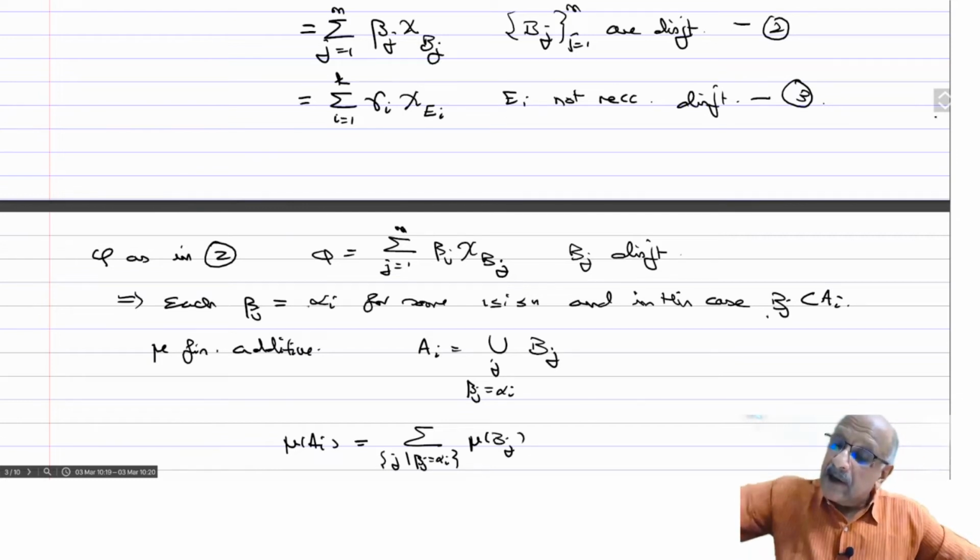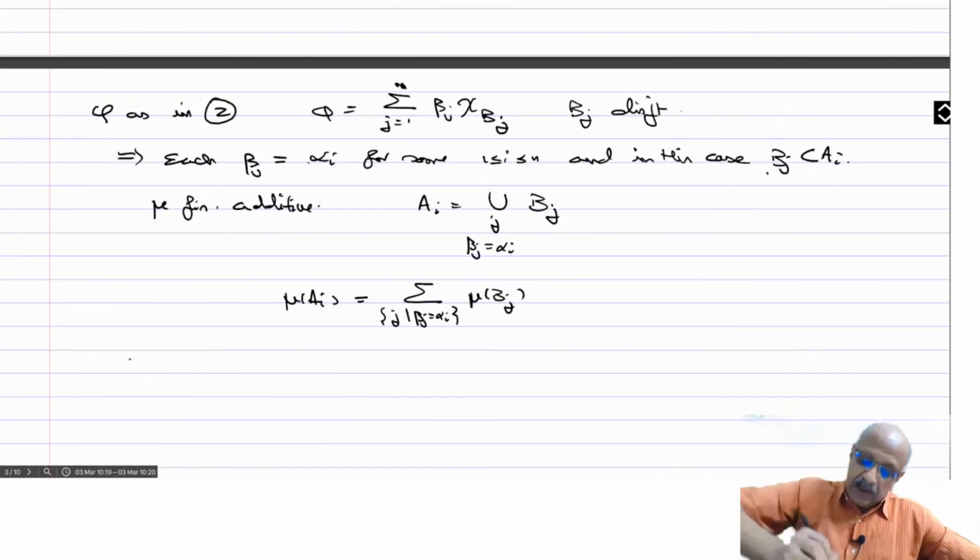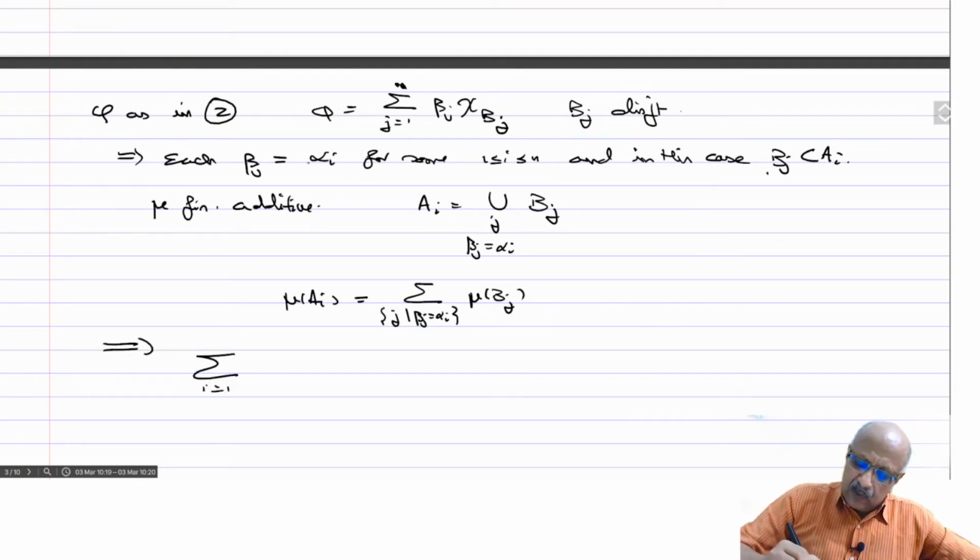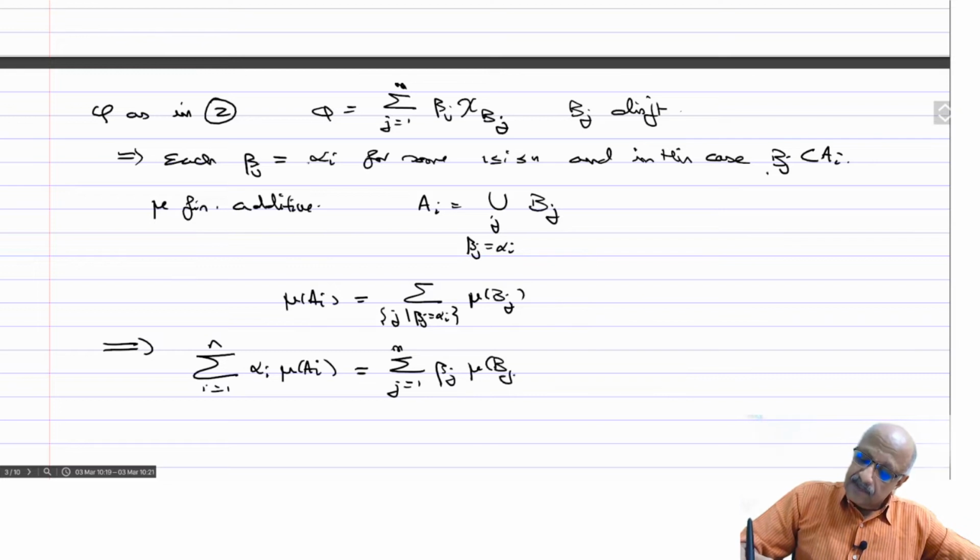And now it immediately follows that sigma i equals 1 to n alpha i mu of Ai is the same as sigma j equals 1 to m beta j mu of Bj. From this it follows immediately.